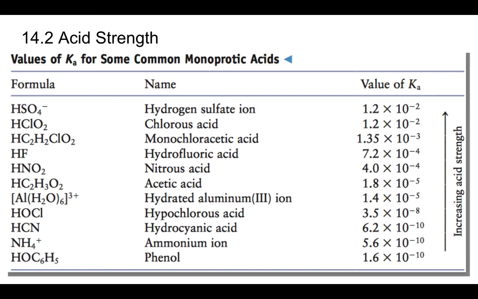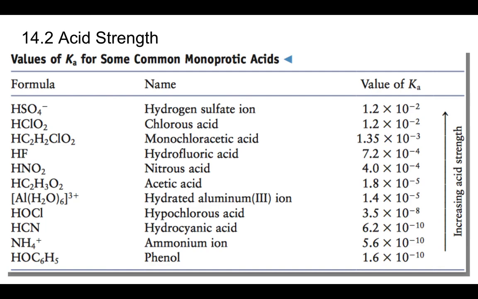So that's telling us that with a small Ka like that, HSO4 minus is a weak acid. However, most weak acids are even smaller than HSO4 minus. Of the weak acids, it's one of the stronger ones because its Ka is larger than most Kas for common monoprotic acids, or acids that donate 1 proton.